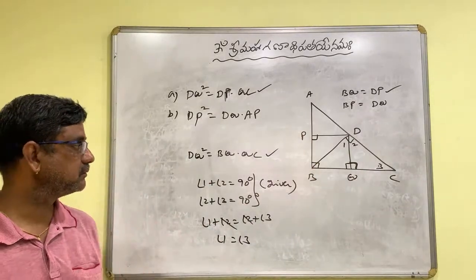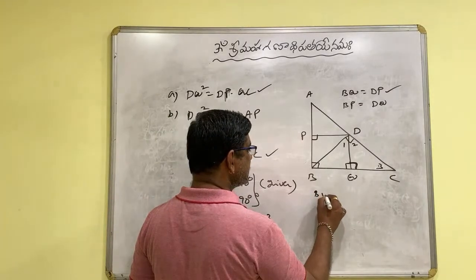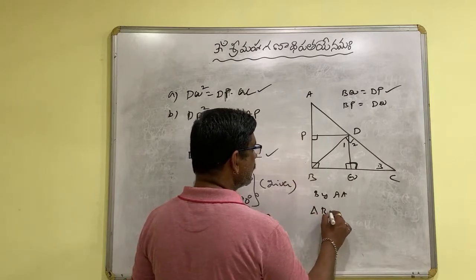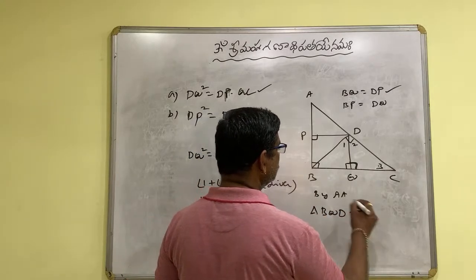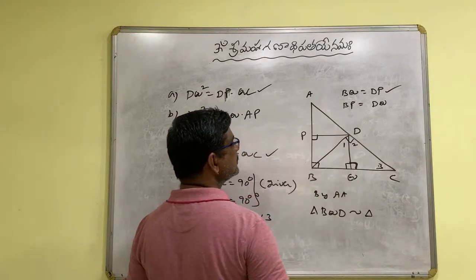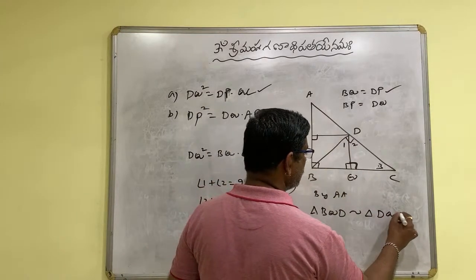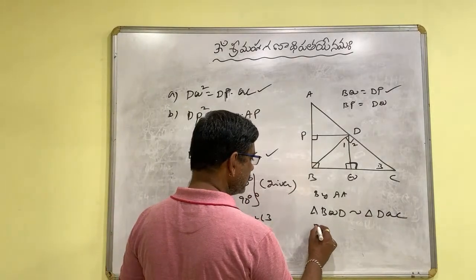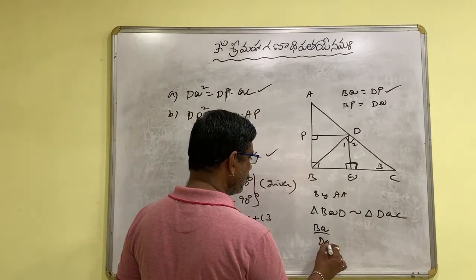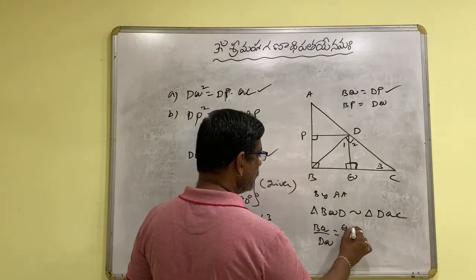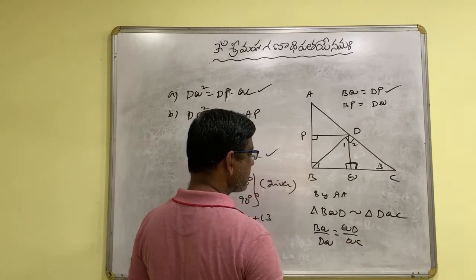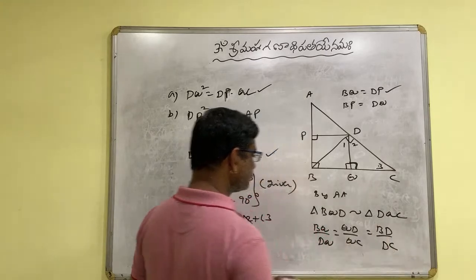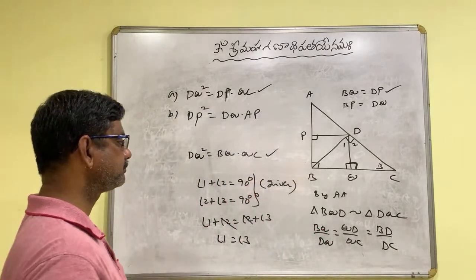By AA similarity, triangle BQD is similar to DQC. Now the ratios: BQ by DQ is equal to QD by QC is equal to BD by DC. Okay?